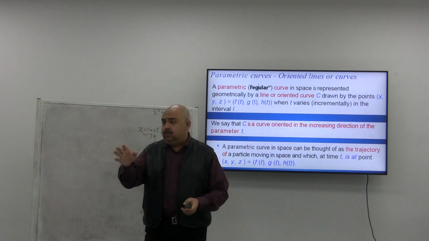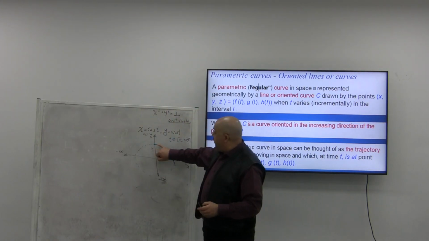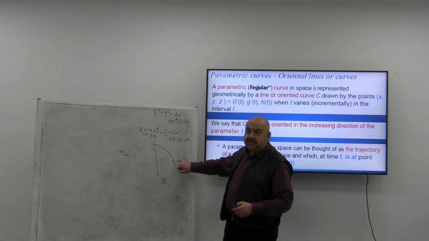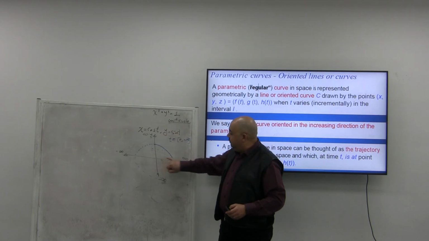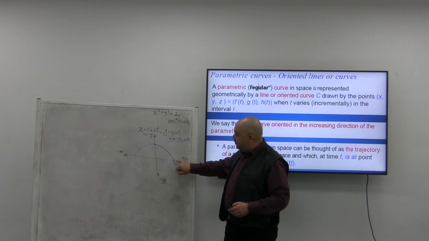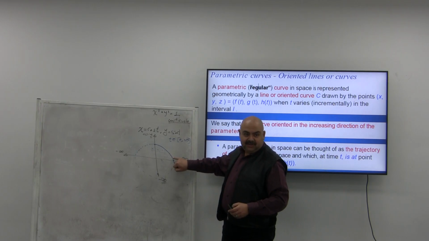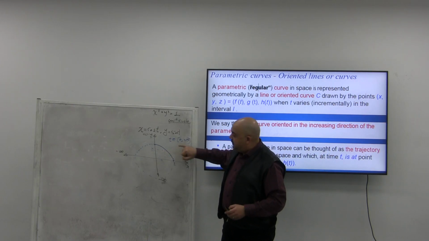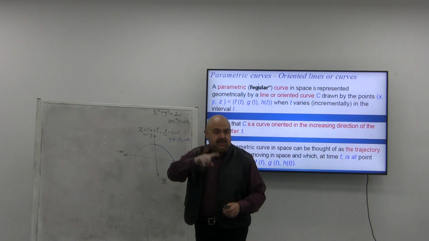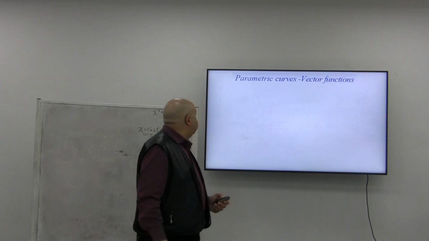This is exactly what we did while we were drawing the circle. Once you put t equal to 0, you will find a point here. With another value of t, it will project another point, then a third point, a fourth point, a fifth point, till you start having the shape of this circle.